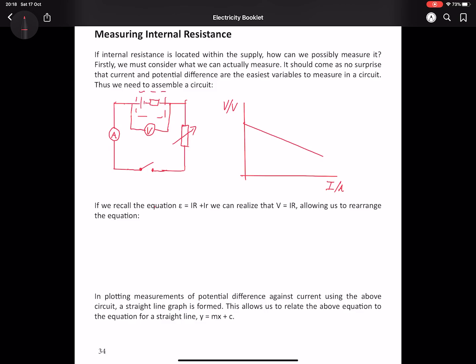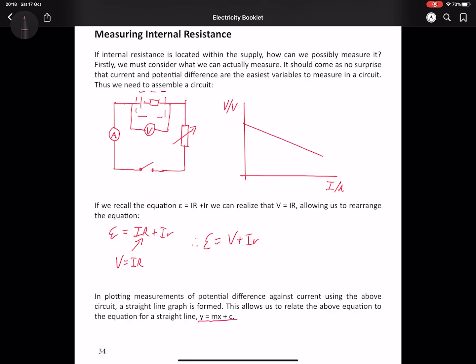Now take the equation we've just had for EMF. We can link it directly to our classic V equals IR equation, because when it's expanded as EMF equals I big R plus I little r, we can replace the I big R with V. So we can state that the EMF is equal to the potential difference plus the current times the internal resistance.